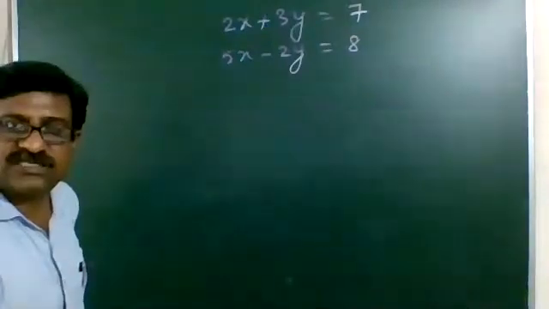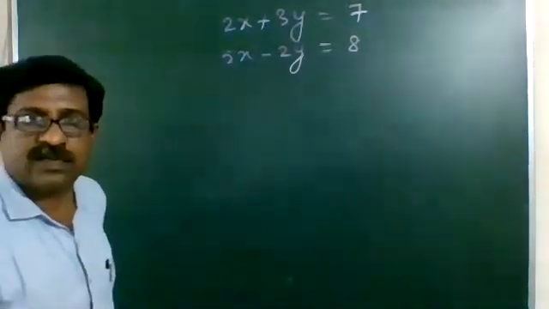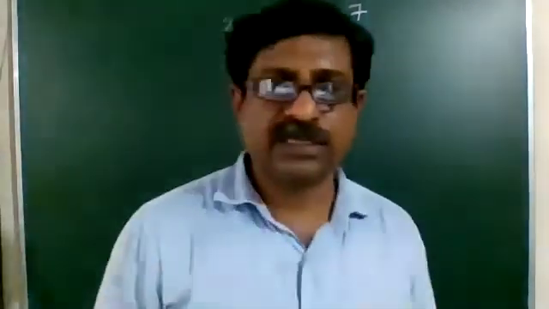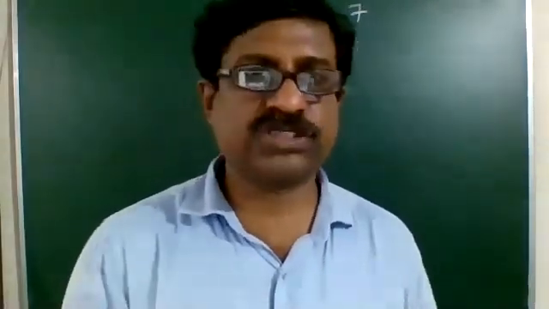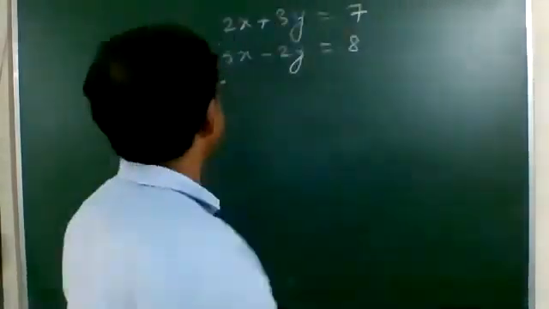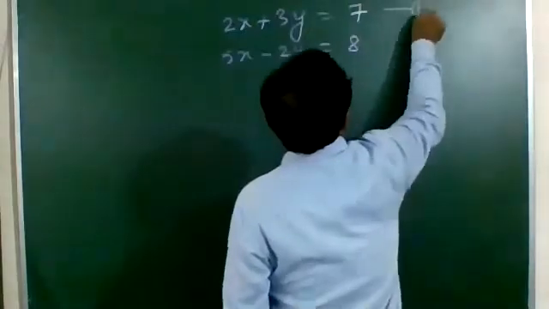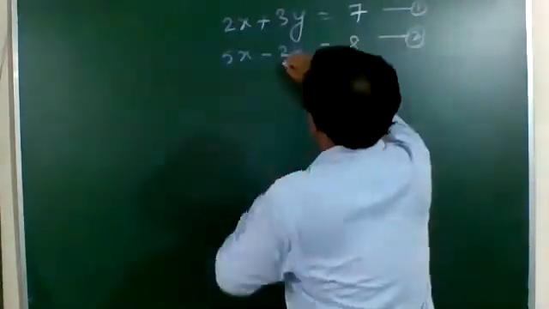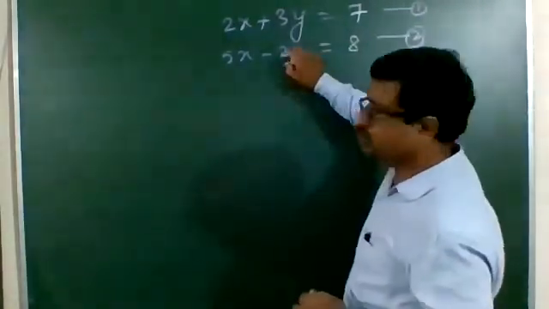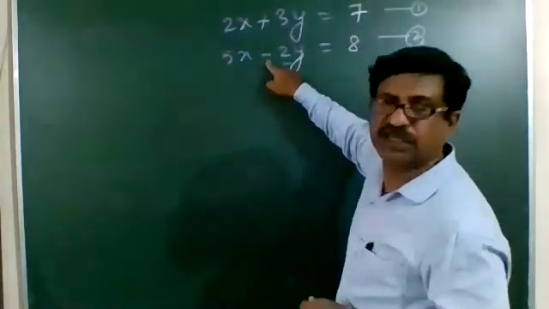The two equations are to be solved using the elimination method. Procedure is exactly the same. This is the first equation, this is the second equation. Coefficient we got here is 2. We don't have to bother about the sign.